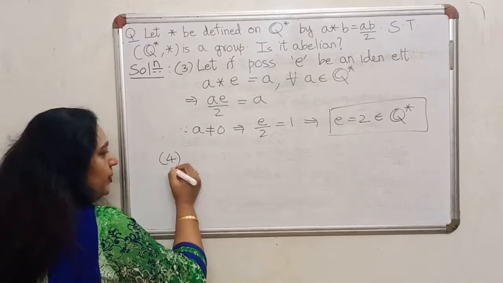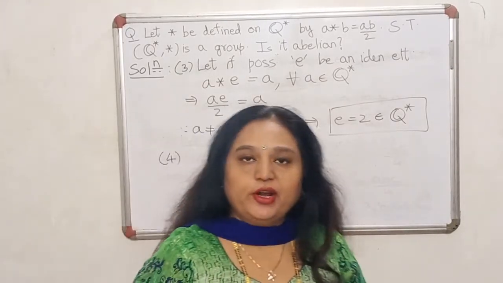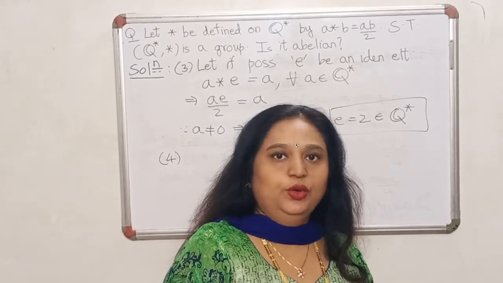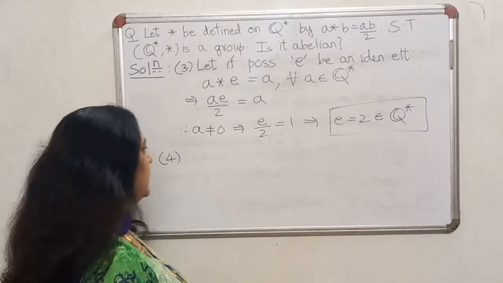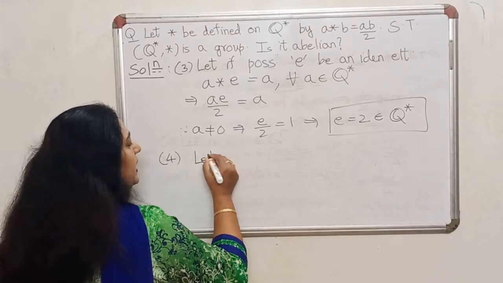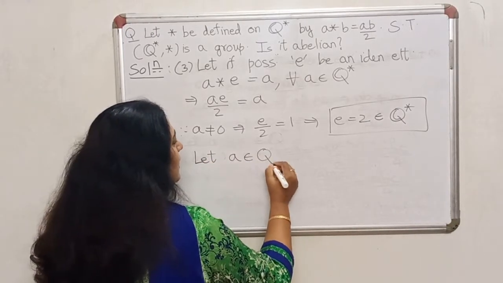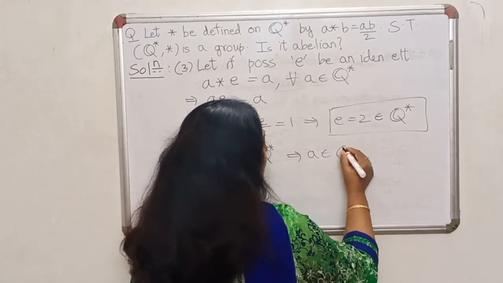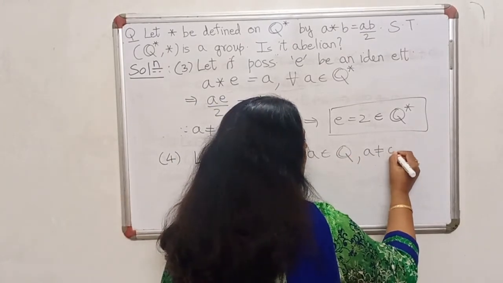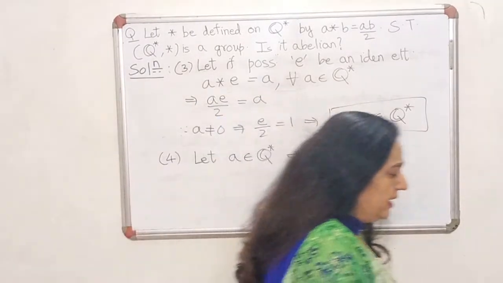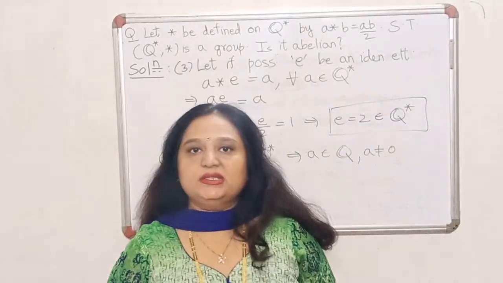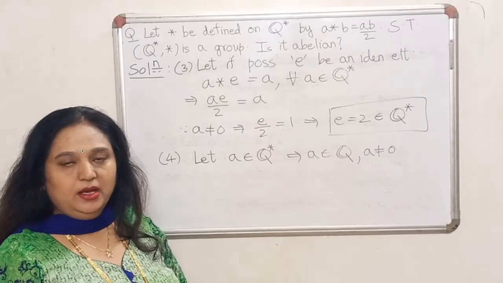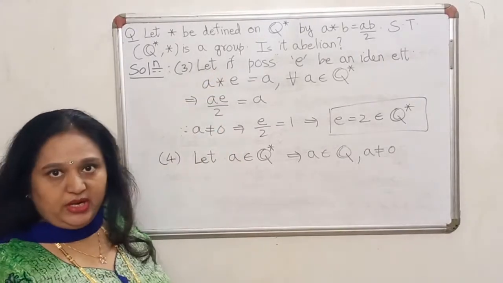Now for the last property, I need to prove that for every element there is an inverse with respect to star in the given set. So let's begin with any element A in Q star. That means A is a rational number, A is not equal to 0. Once again, rather than tax my brains about what could be the inverse for A, let me use the same trick.